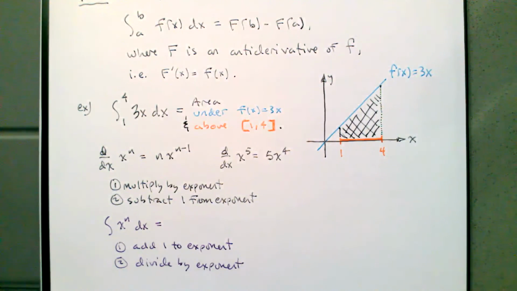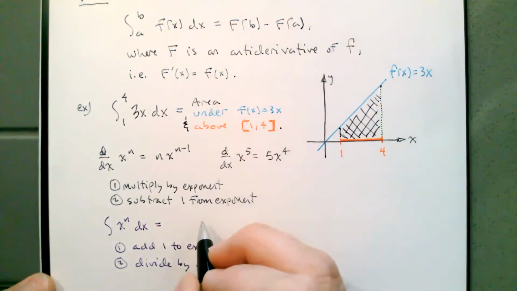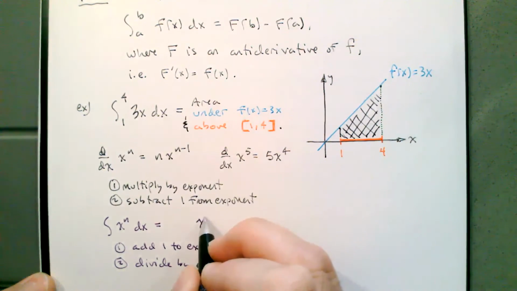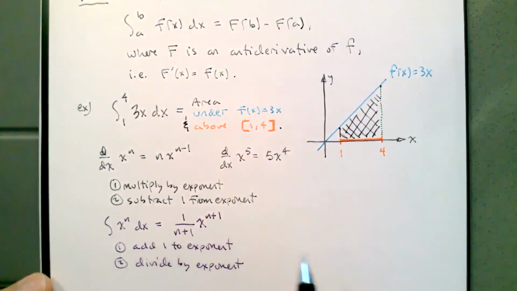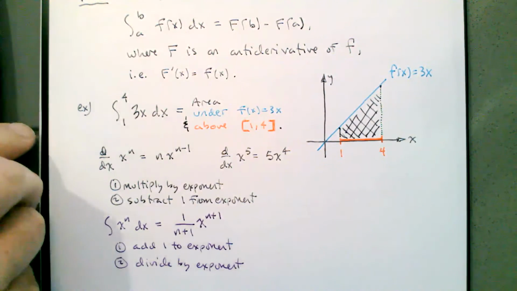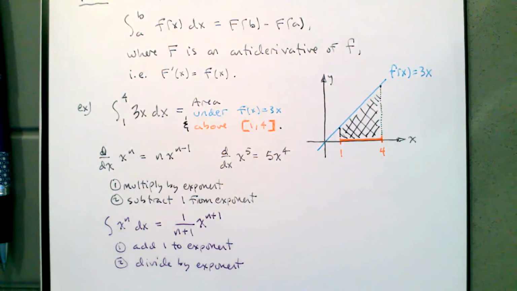So an antiderivative of x to the n, to undo this derivative process, we add 1 to the exponent, and then we divide by the new exponent. So here is how we can find an antiderivative of the power function.